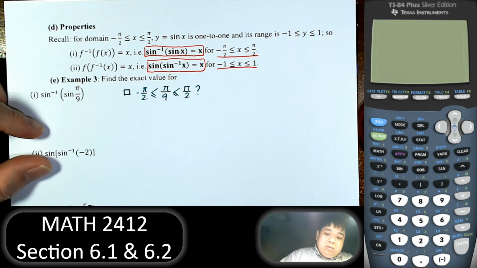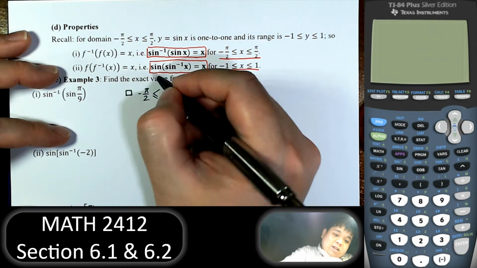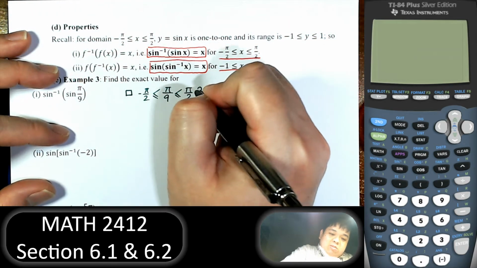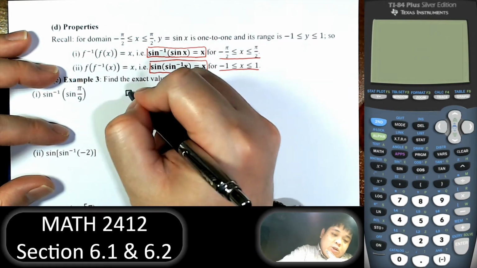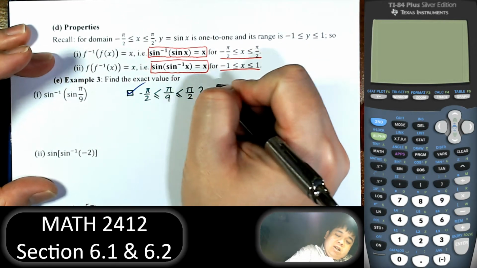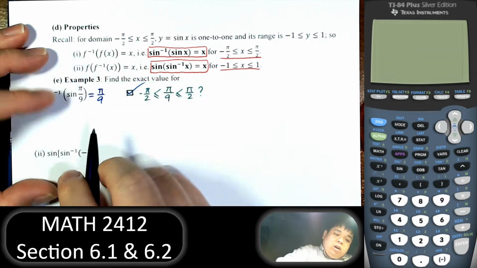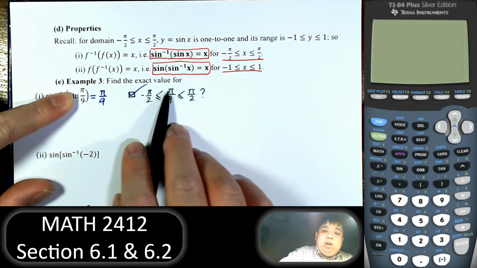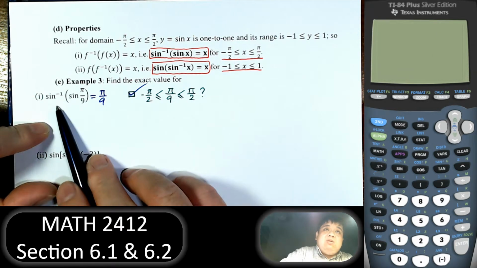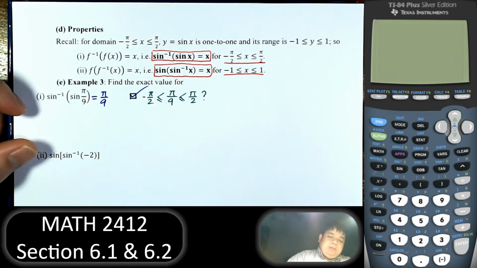And the answer to that, of course, it is, right? Pi/9 is between negative pi/2 and pi/2. So yes, if it is in the domain, then it will be equal to pi/9. So if the angle is between this interval, the sine and sine inverse pretty much cancel out, and that's what we have.